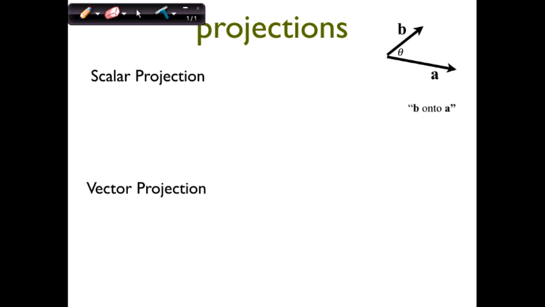So if we're talking about B, there's the projection of B onto A and A onto B. For our purposes here, I'm going to do B onto A. So the scalar and vector projection of B onto A: the scalar projection would be looking at how much of B is in the direction of A as a scalar, just like a magnitude, right?